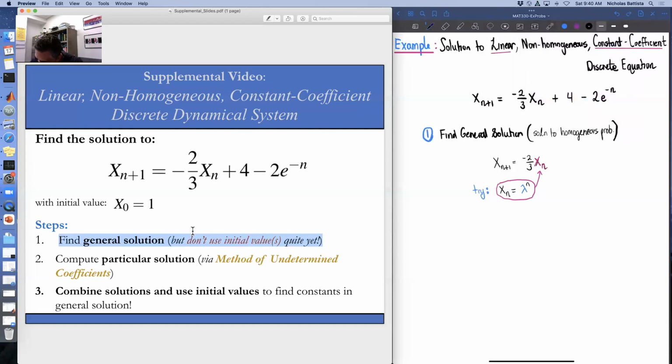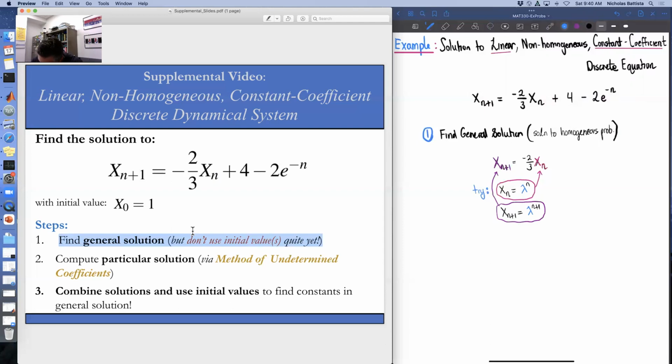Well, basically we just iterate our solution guess. So if we iterate our solution guess, xn plus 1 is going to be that constant lambda we're going to solve for, just raised to the n plus first power. So we'll take that xn plus 1 and substitute that into the left-hand side of our equation. So let's go ahead and do that now.